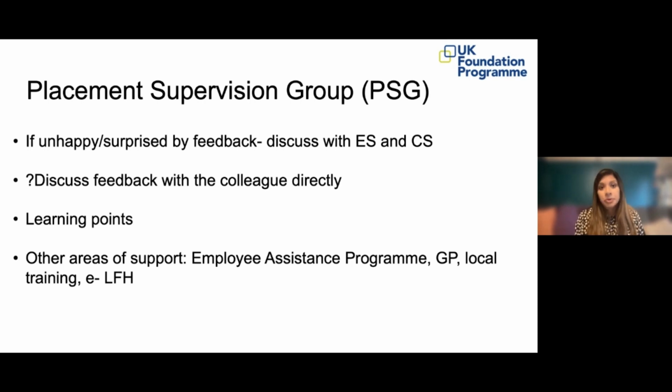This is a free support service that any of us can access at any time to gain support such as counselling and other things like that. Of course, you can always approach your GP. Depending on the context, there may be some more local training provided, and there are also the e-learning for health modules that can help with further learning for clinical things, and there are some wellbeing modules on there as well.